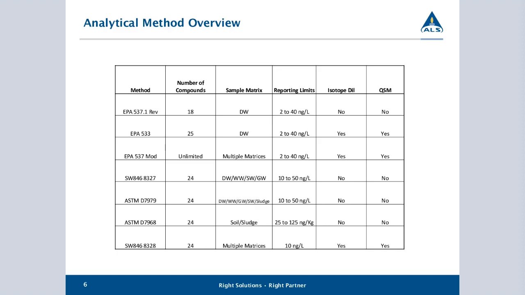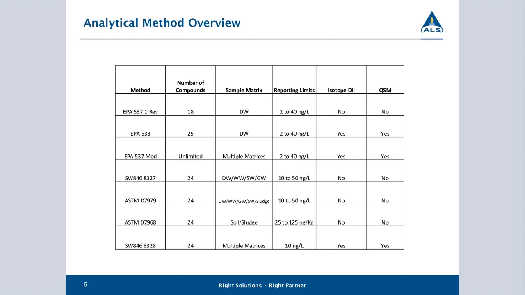We have 30 slides, and a lot of the information from method to method stays the same. In 537.1 revision 1, the latest 537.1 method that's currently in use, there are 18 compounds that we look for: 14 PFAS compounds and 4 of the replacement compounds. Of course, once PFOS started getting determined to be toxic to human health, they came up with replacement compounds.